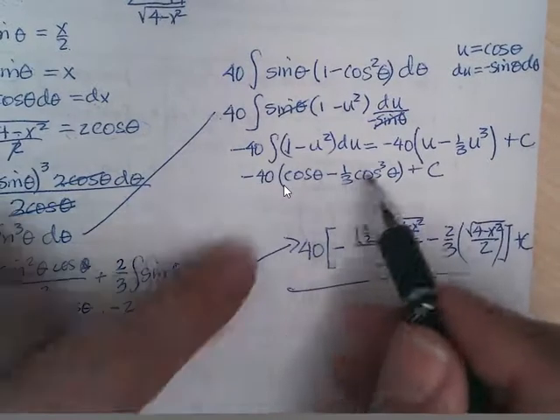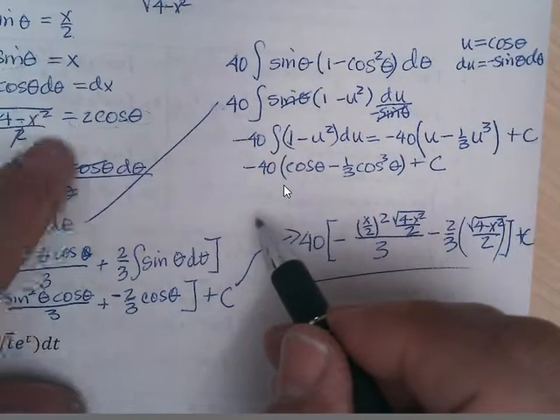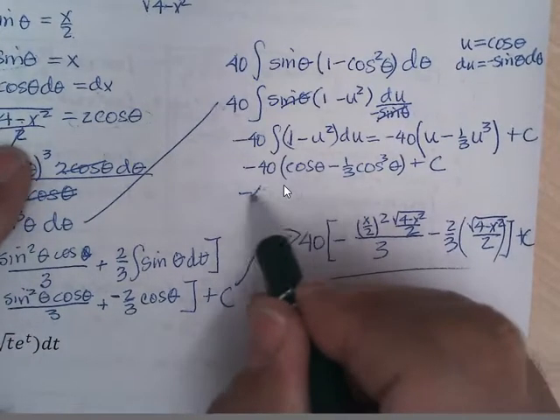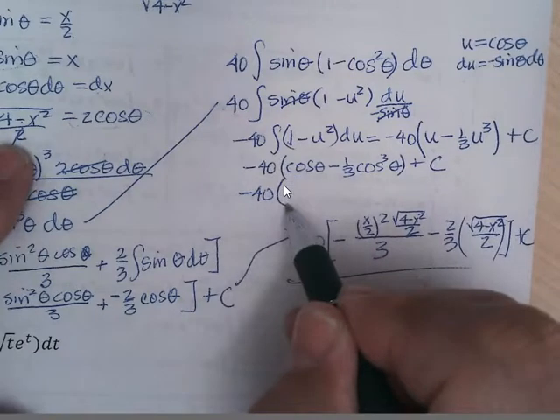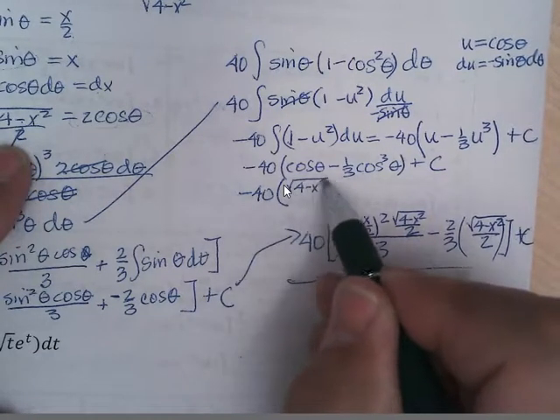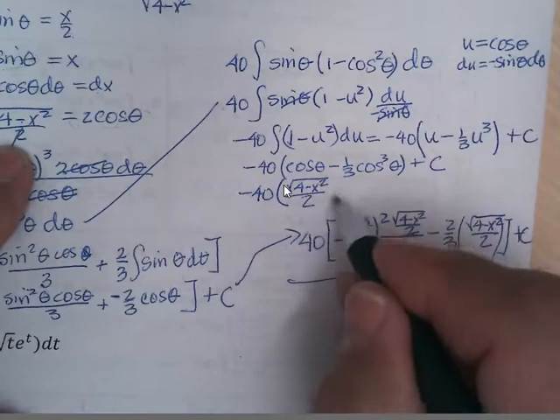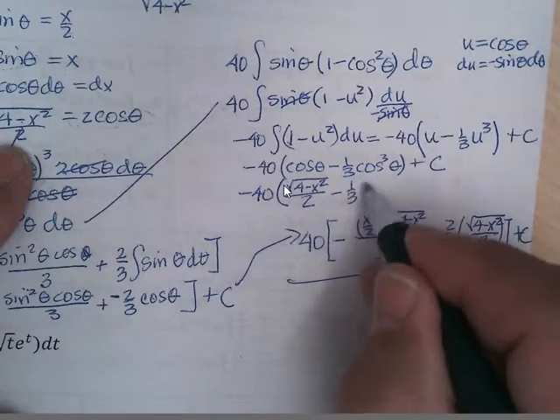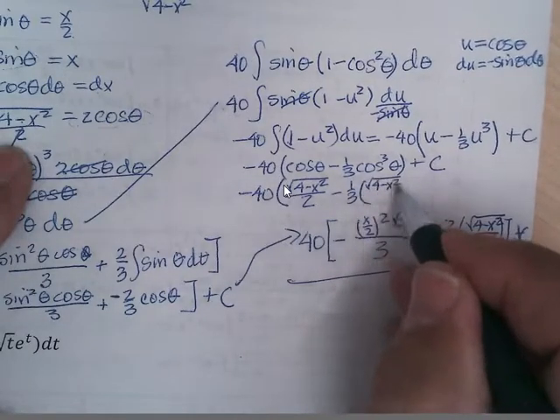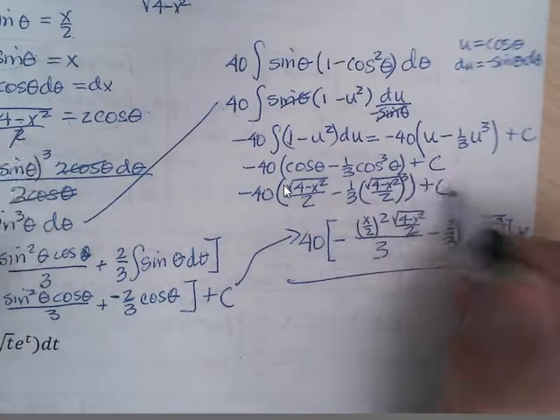and then change back to the x's, which over here the cosine of theta is that square root over 2, so it's minus 40 times cosine of theta, which is square root of 4 minus x squared over 2, minus 1/3, that same thing, square root of 4 minus x squared over 2 cubed, plus c.